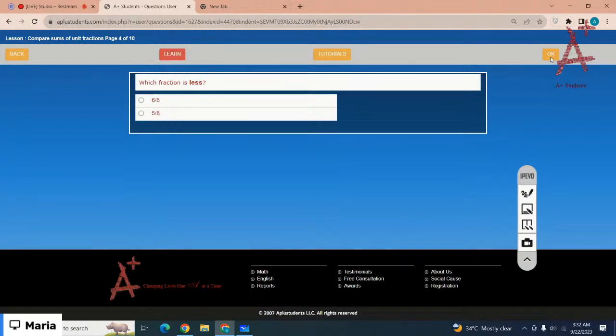Okay, what fraction is less? 6 by 8, 5 by 8. Yes, so that would be less. 5 by 8 is less than 6 by 8, right?